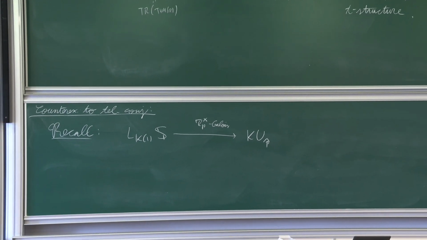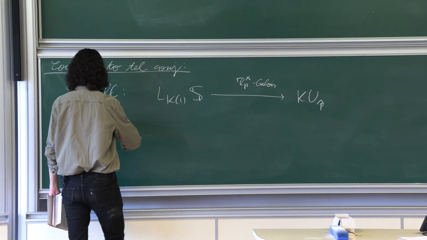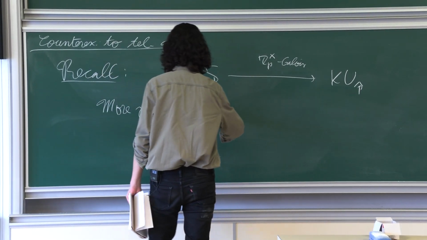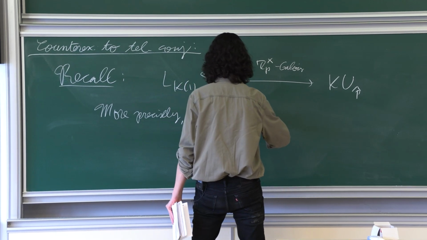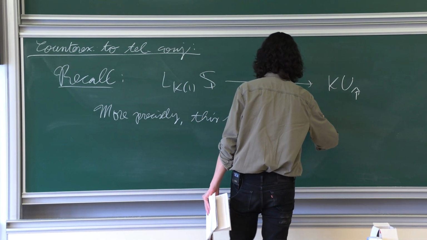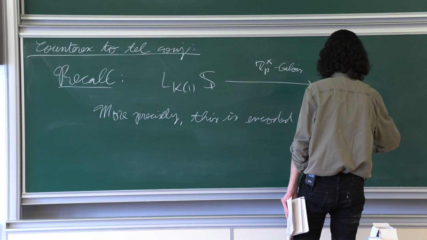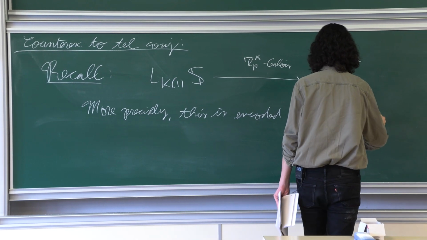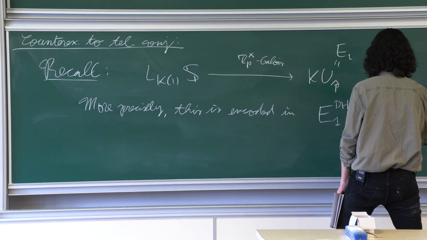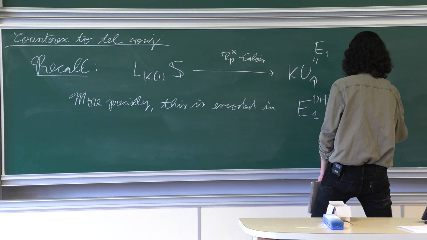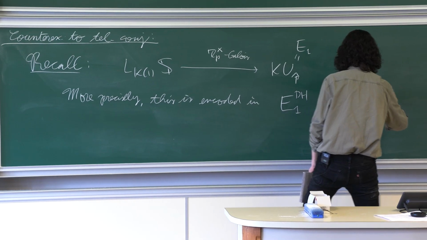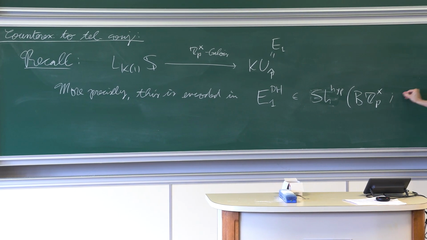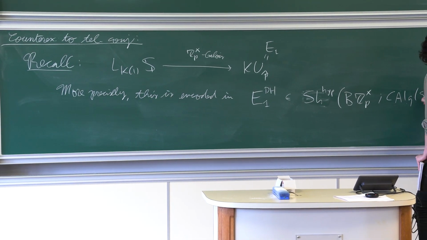And more precisely, this is encoded in what I was calling E1, this E1 Devinatz-Hopkins, which is a hypersheaf on the site of finite continuous Z_p cross sets and of commutative ring spectra.